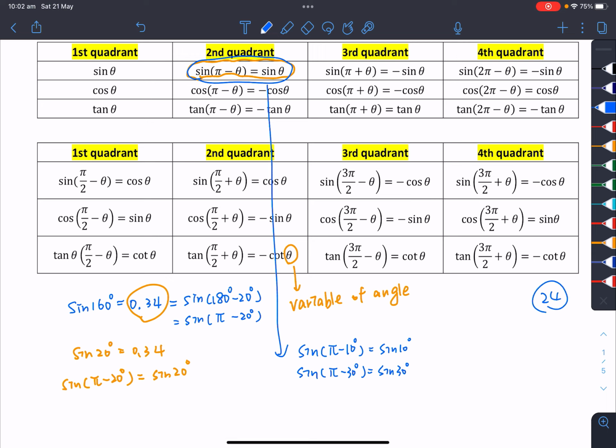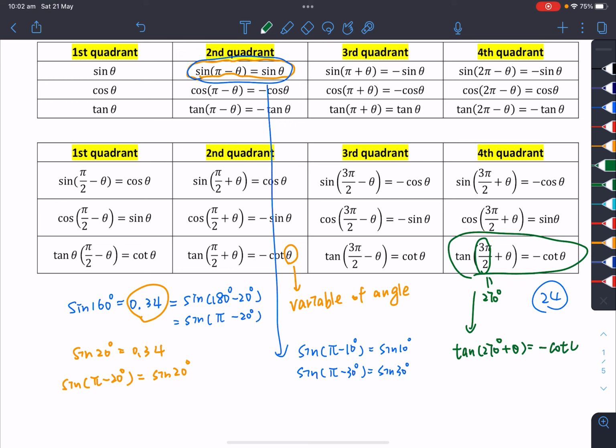For example, from here, 3 pi over 2 is 270 degrees. Therefore, you can say tangent of 270 degrees plus theta equals negative cosine theta. So you can say tangent 290 degrees, right?